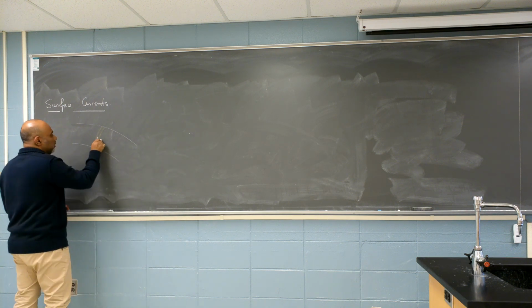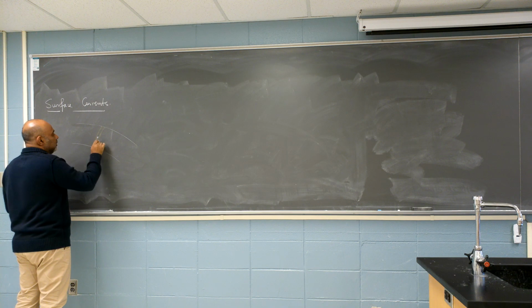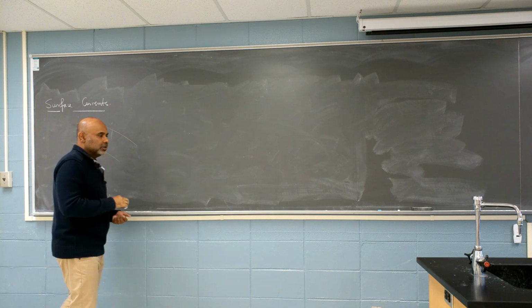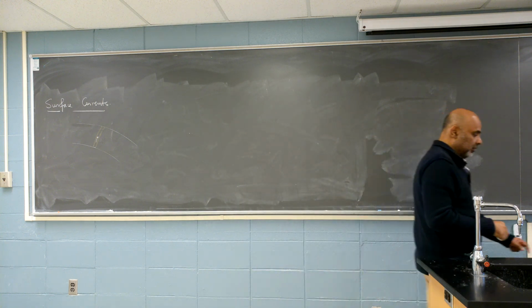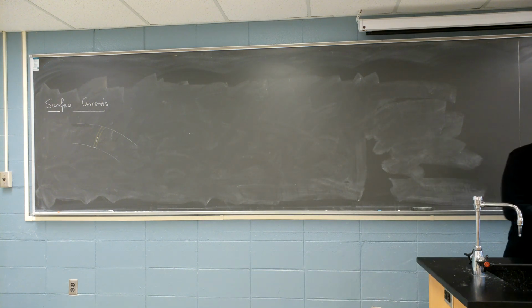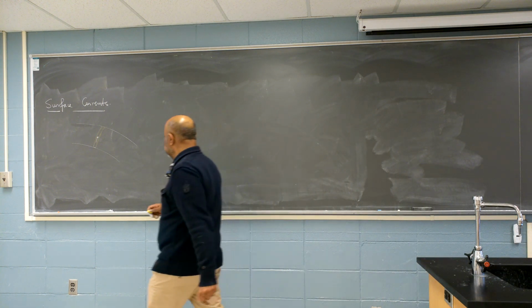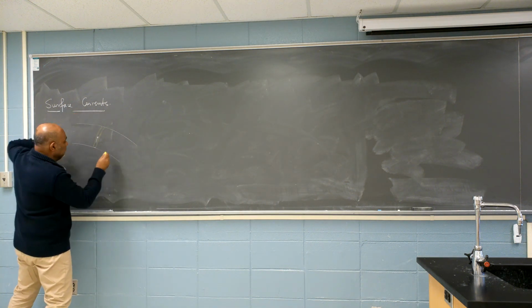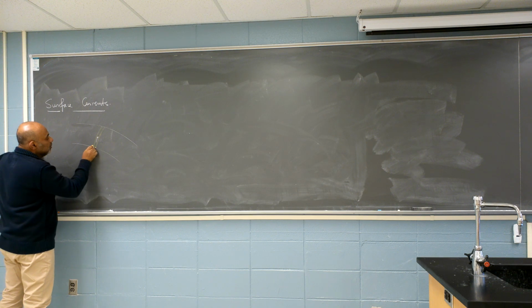Since this is a small strip, I will call it delta I, because the current is on the entire surface of this.